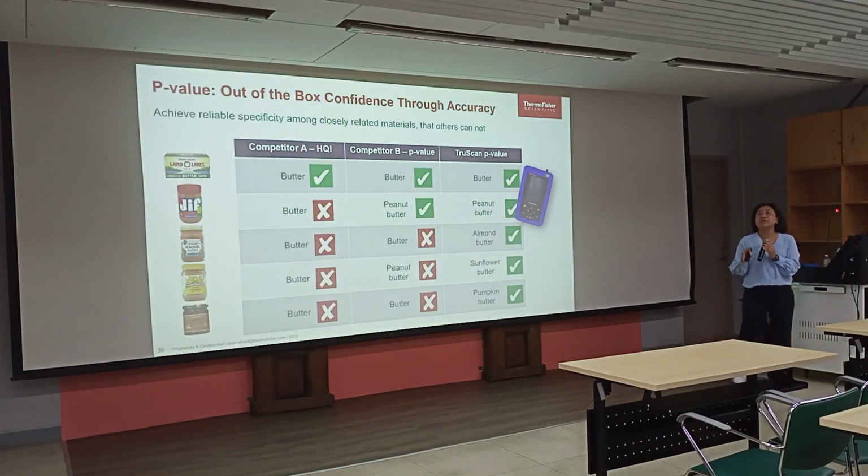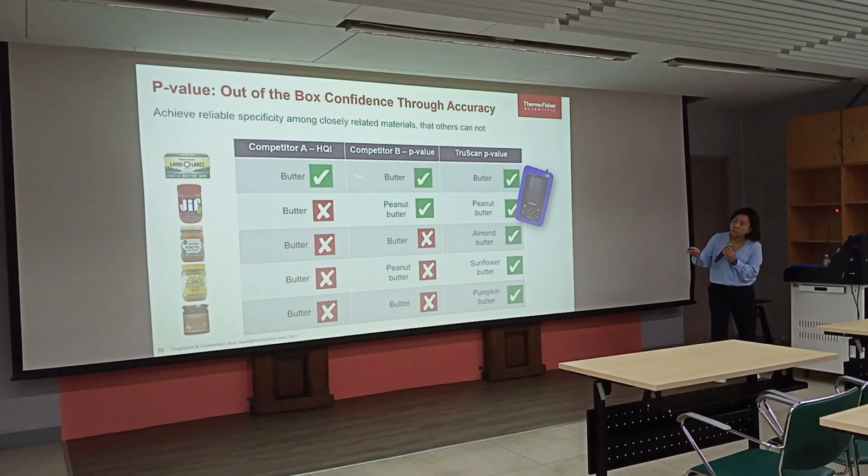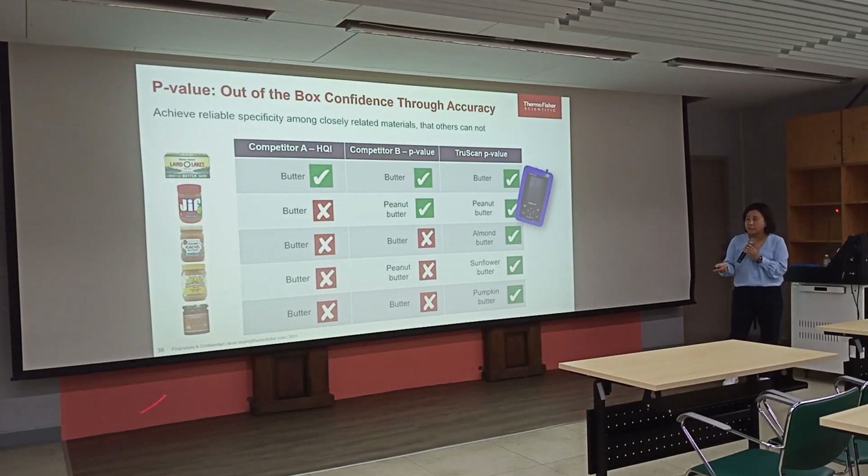I'll put in our daily product, okay? If we use the HQI, now I want to buy a butter. I use the HQI to differentiate. We can differentiate these 5 different types of butter as a butter, just a common butter, but I cannot differentiate what butter this is. This is butter, but actually this is a peanut butter.